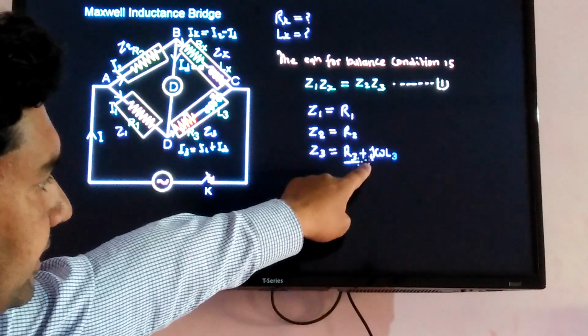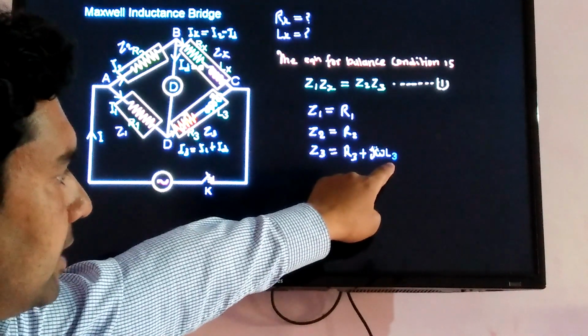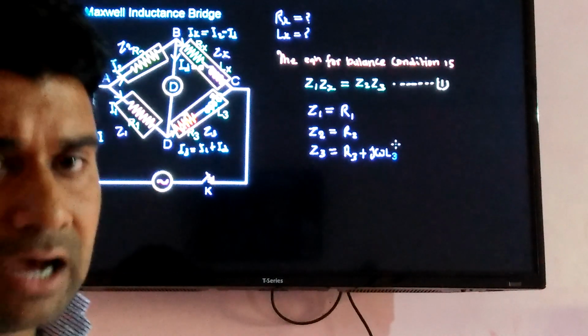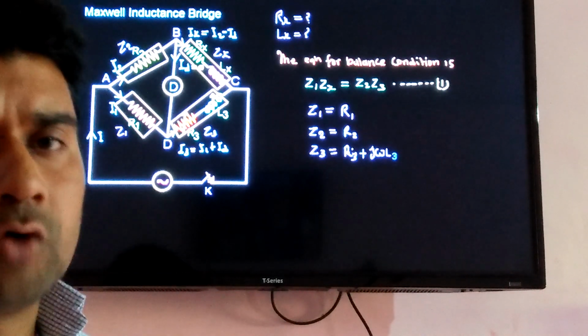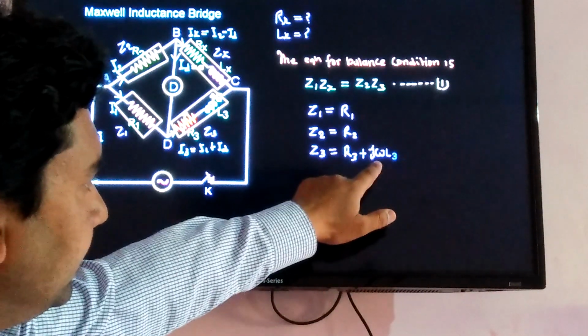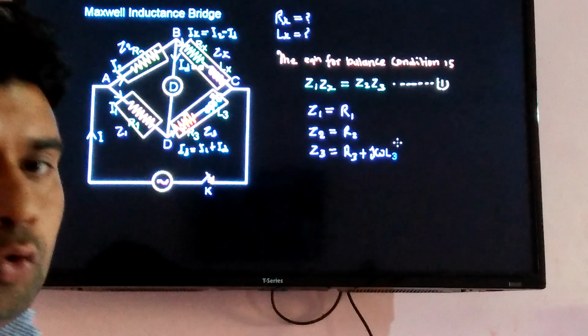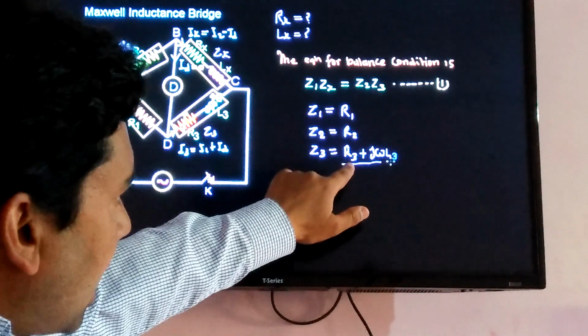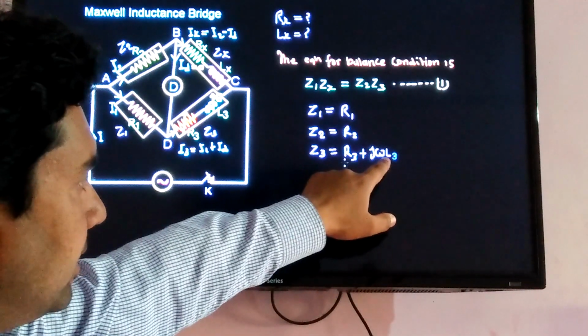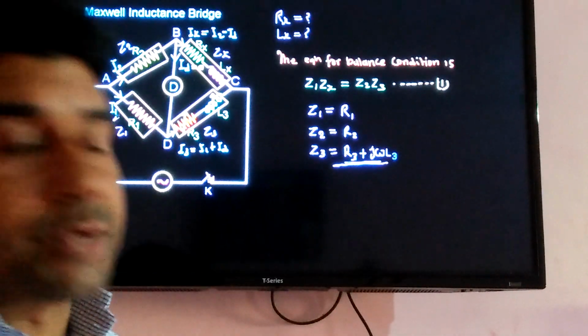How do we get this value j omega L3? This comes from the phasor diagram and phase angle of the circuit. So we can write it as the square root of R3 squared plus omega L3 squared.